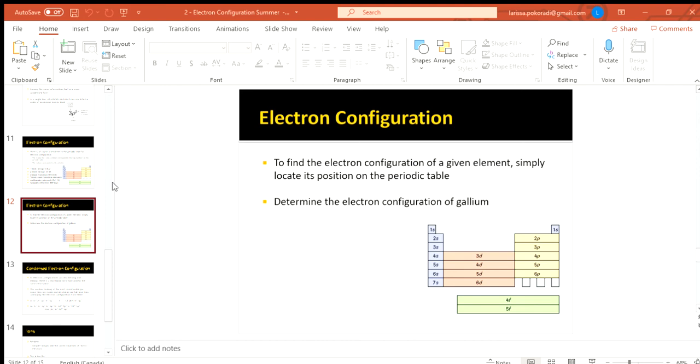It's an easy way for you to remember it because we have to fill in elements number 19 and 20 before we can touch these 3d's. So it's an easy way to know, hey, when I'm labeling stuff, I need to write 4s before I can write 3d because I'm following the periodic table. So that would be for gallium.